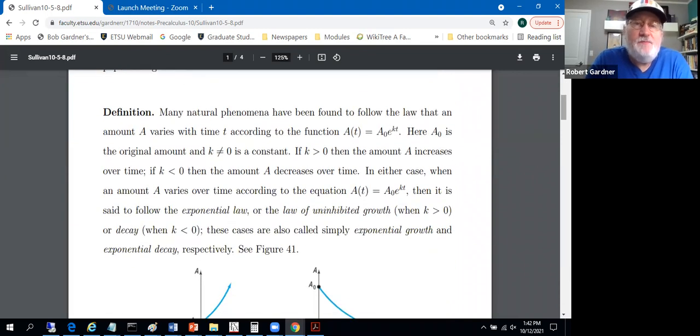So first definition: many natural phenomena have been found to follow the law of an amount A varying as a function of time according to the function A of t equals A sub 0 e to the kt. So we're certainly familiar with this stuff.